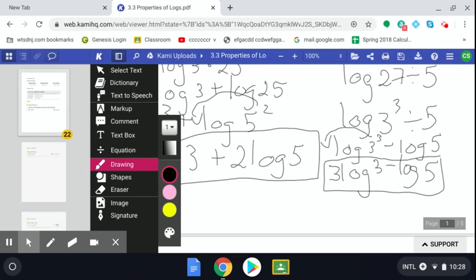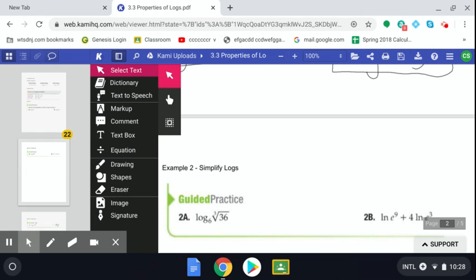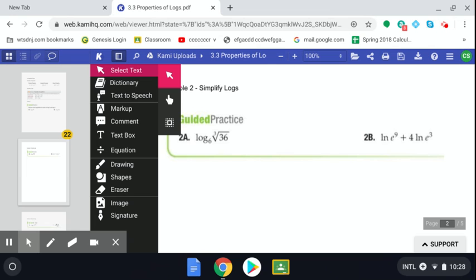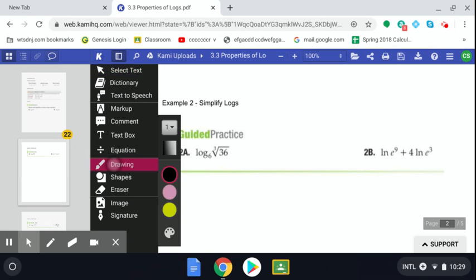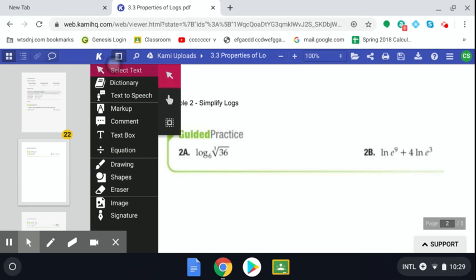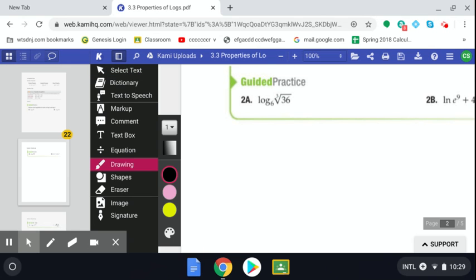Okay. All right, so moving on. You also need to be able to simplify logs. By simplifying logs, it means in this case, you will be able to get just a number. That will not always be the case, but let's manipulate some of these values here. If you look at 2a, it's asking you to simplify that. What I know when I look at this problem is that 36 can be written as 6 to the second power.